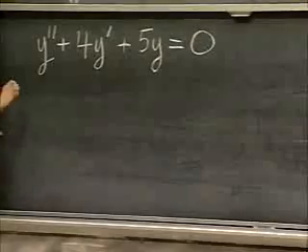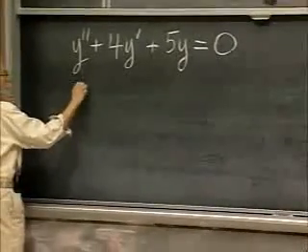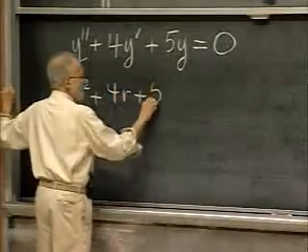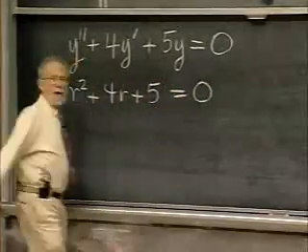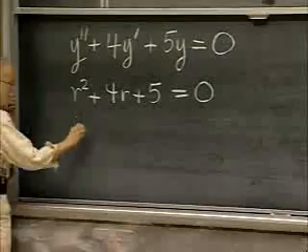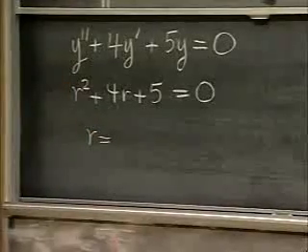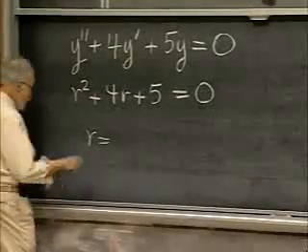Okay, the characteristic equation is now r squared plus 4r plus 5 equals 0. And therefore, if I solve for r, I'm not going to bother trying to factor this, because I prepared for this lecture and I know.